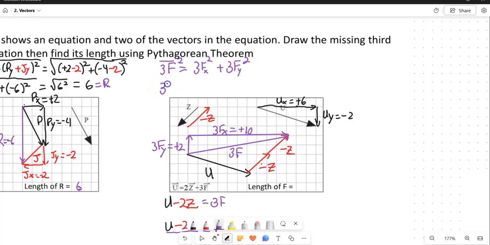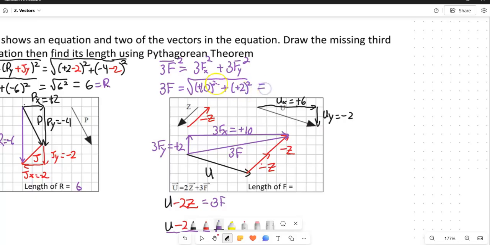So the length is going to be the square root of the x component, which is positive 10, squared, plus the y component, which is positive 2, squared.